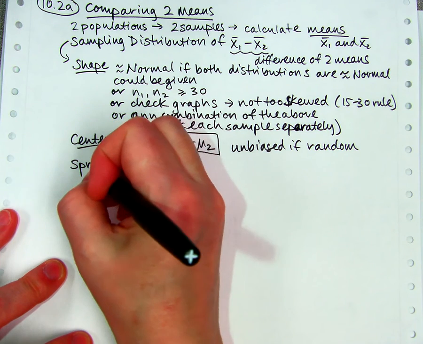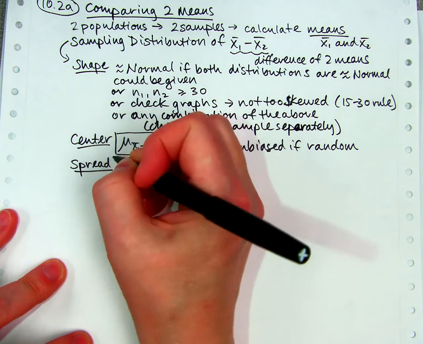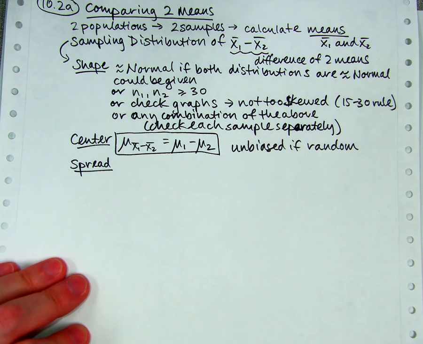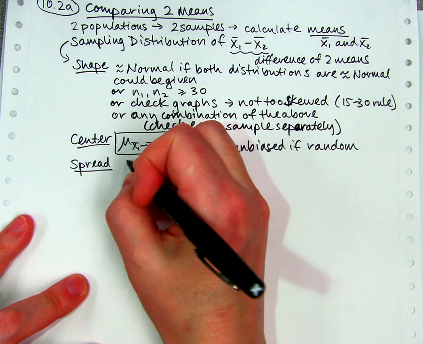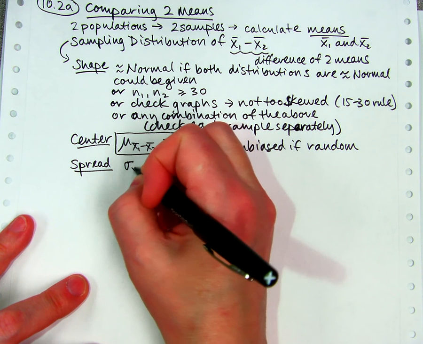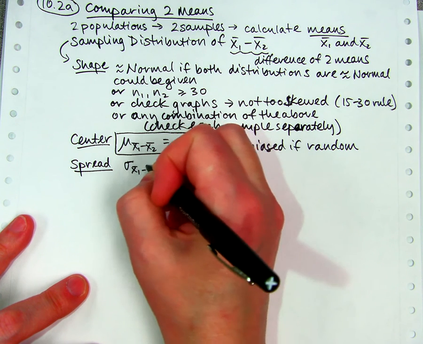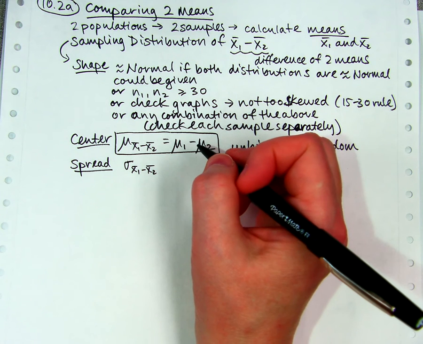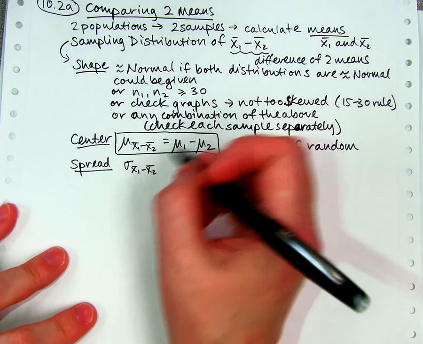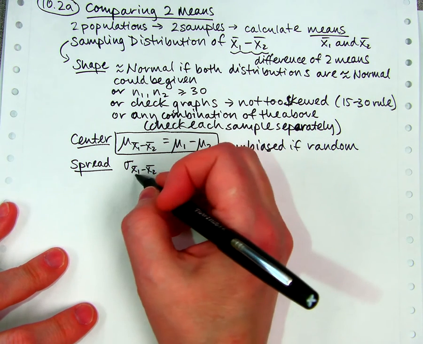Spread is if they're independent, right? And it's going to be a lot like what we did with the proportions, where we're doing the sigma of x1 bar minus x2 bar. And I'm remembering what we did in chapter 6 with difference of two random variables.